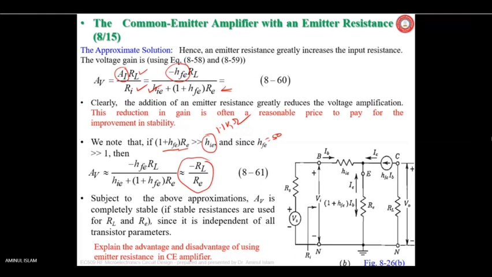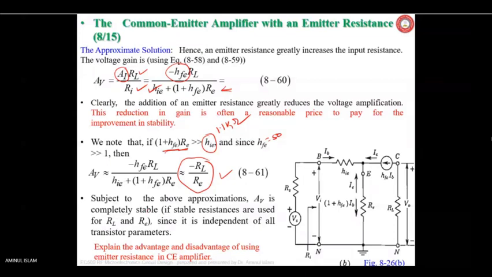So look at that. (1 + hFE)RE is much greater than hie, and hFE is much greater than 1, so from this expression you can write this. Subject to the above approximation, AV is completely stable.